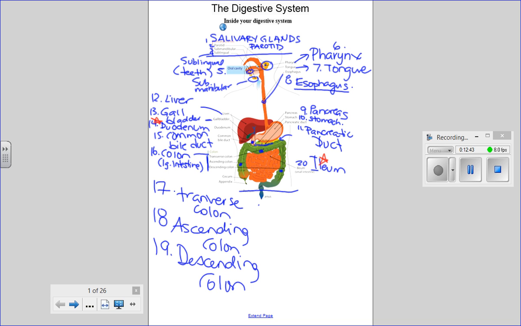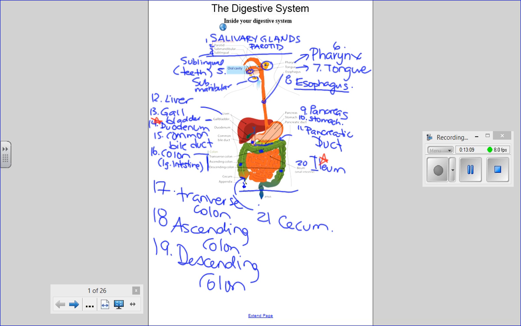Now there are a couple of other points that we'll make. Piece number 21, which is right here, is called the cecum. It's the very first initial pouch of your large intestine. And we'll see that this is where your appendix is. On my picture, it's like a tiny little dangler.